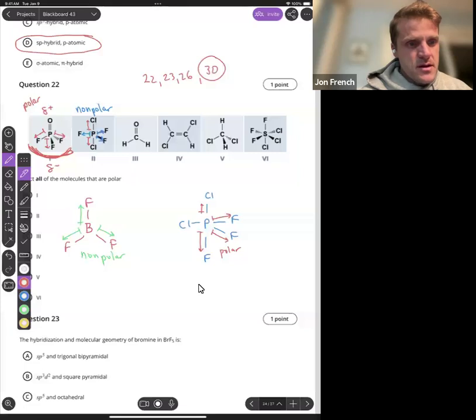So for three, yeah, for molecule 3, formaldehyde, is that polar or non-polar?